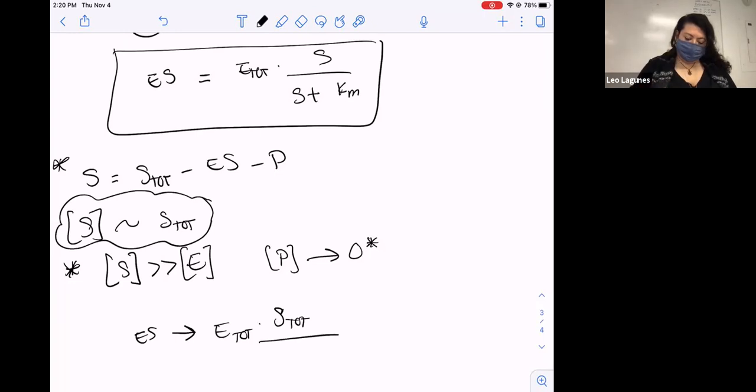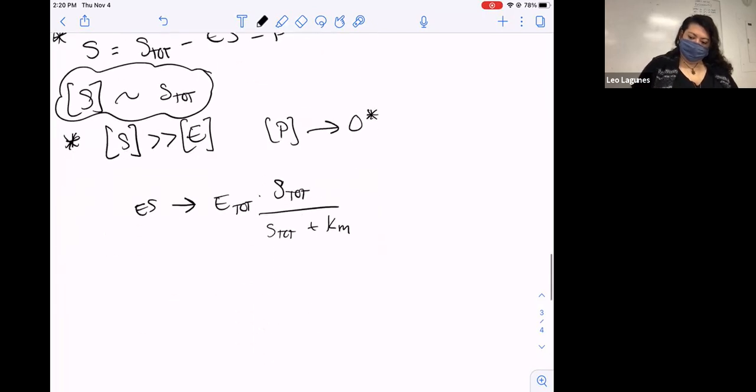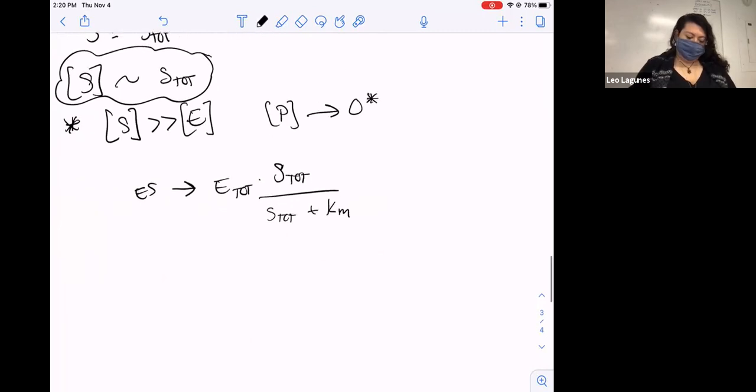So we're just replacing S with S tot, plus the Km. But if we have the other way, where the enzyme is more than the substrate, then this product doesn't necessarily go to zero.